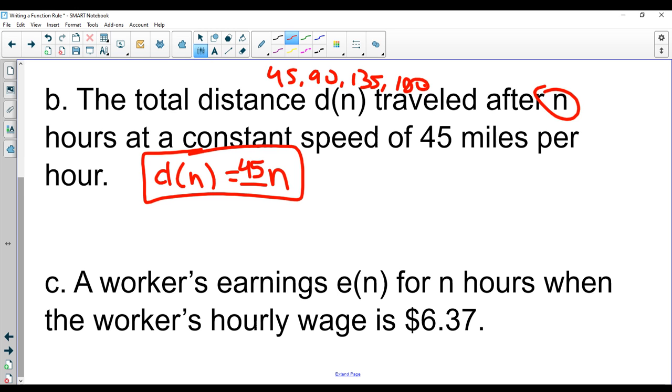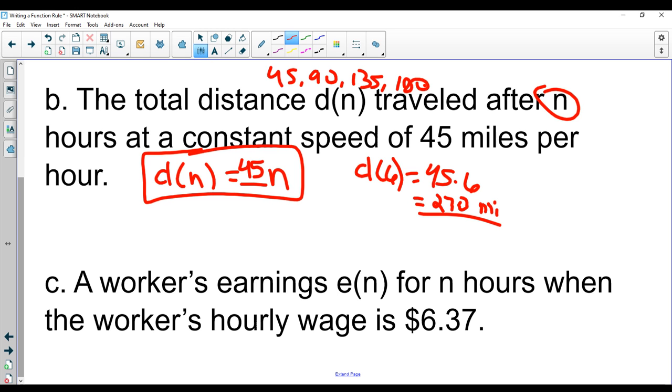All right? So if they asked you, how far have you traveled after 6 hours, you would say d of 6, 45 times 6, which is, Lord, I don't know what that is, but yes, I do. Hang on. 270.